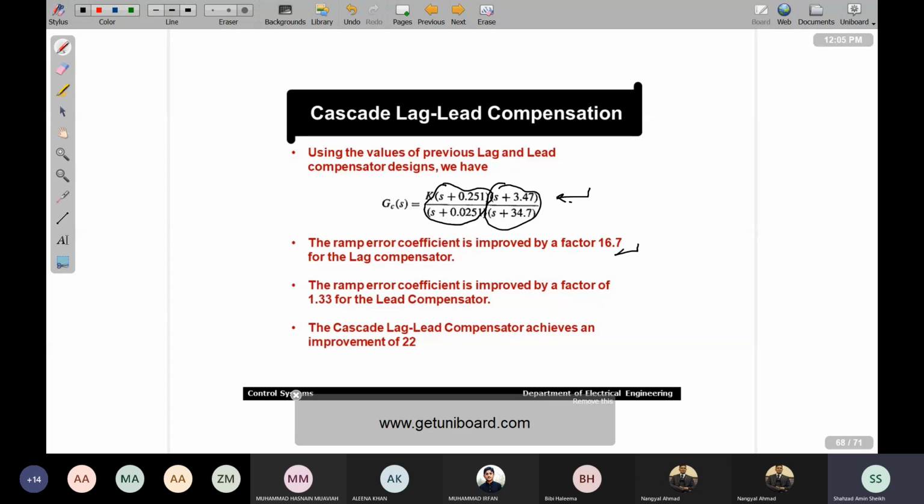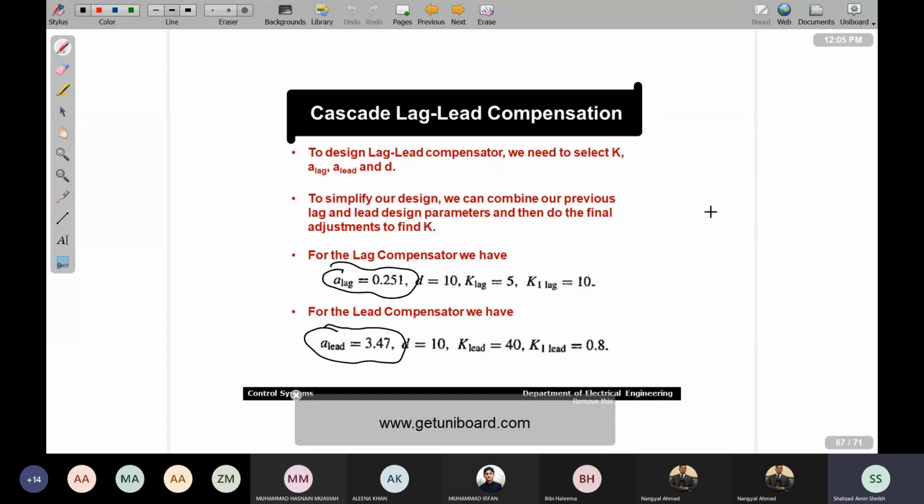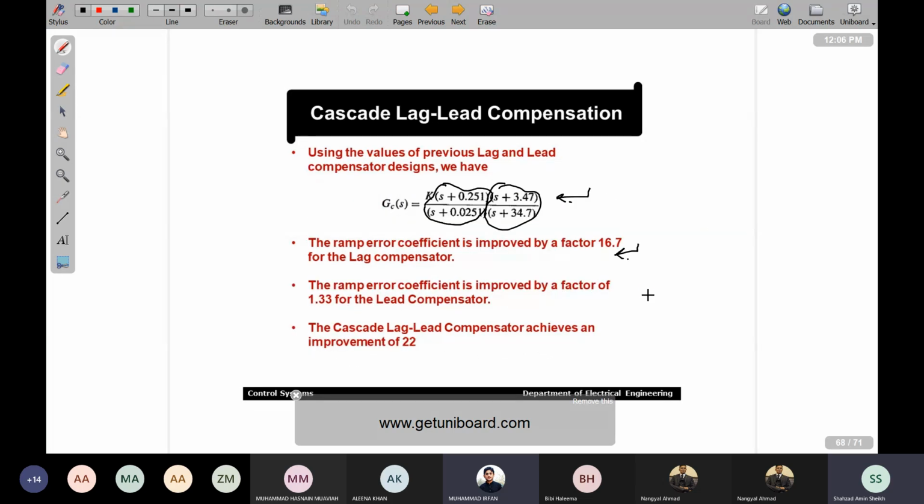Any volunteer or any person in the class who can tell me why this is the case, why it is 16.7? Irfan? Yes Irfan, I'm waiting beta.